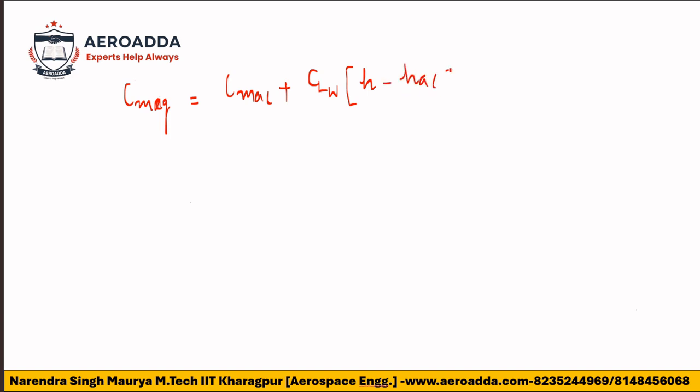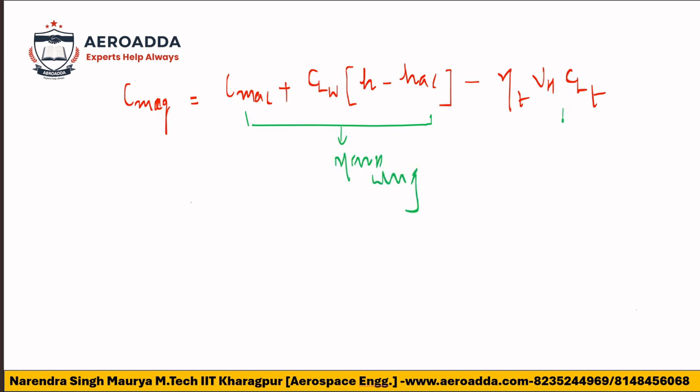To remind you of the previous classes, this was the main wing, and eta T VH into CLT, you have just seen, is the tail. This contribution you need to remember. Okay, everybody, I'm just asking.